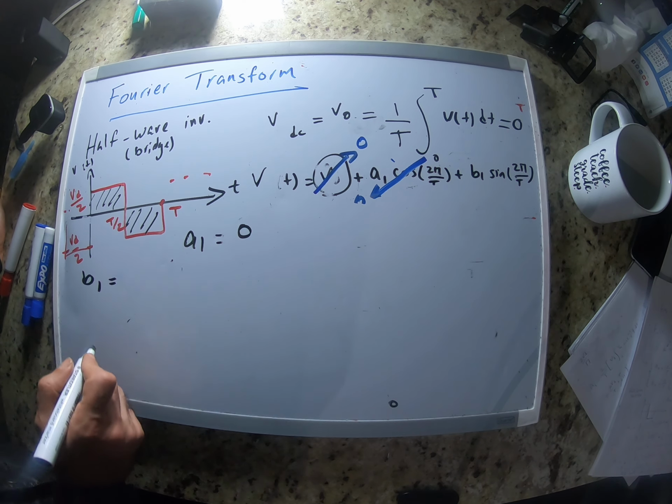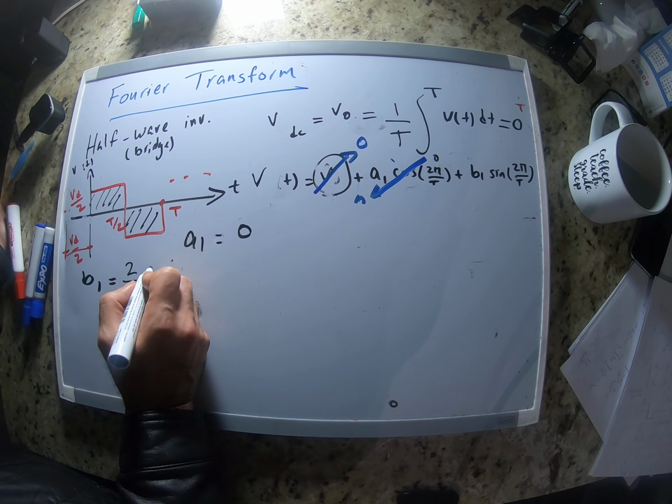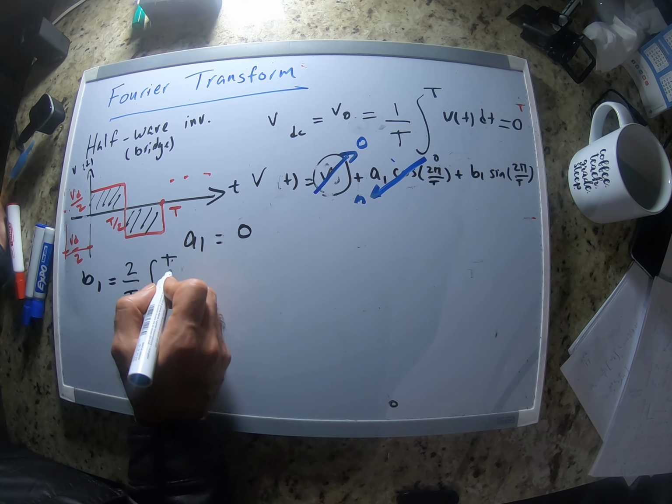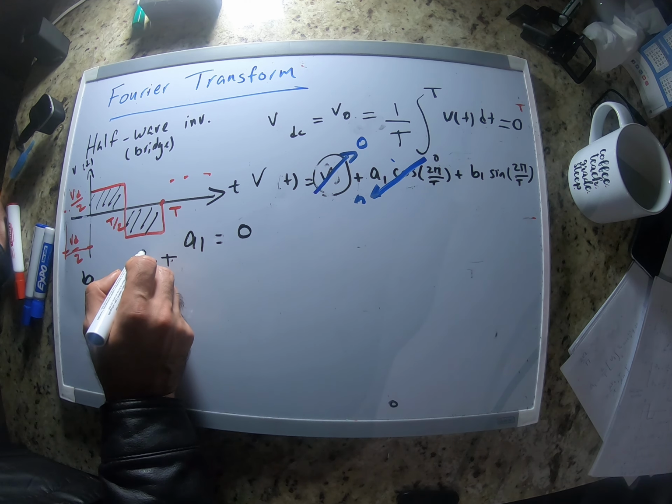B1 is going to be again 2 over capital T, from 0 to T. I'm going to do exactly the same thing that I did before.